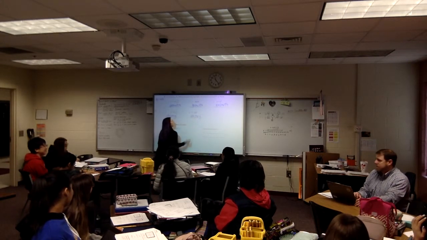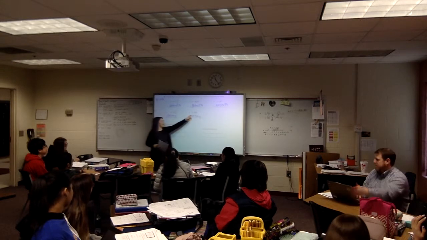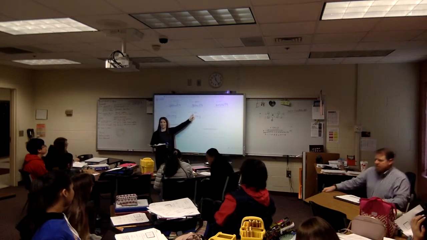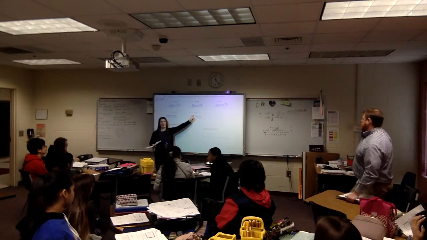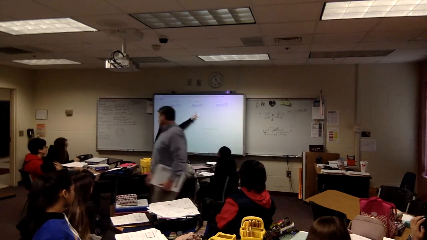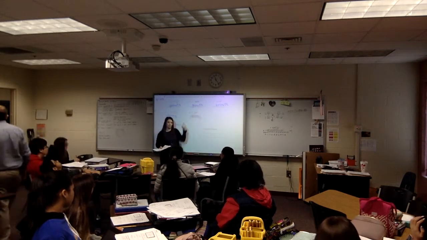And remember when we said there doesn't really seem to be a value here? We just assume it's 1. Why would we assume that? Have you guys ever done any number raised to 0?